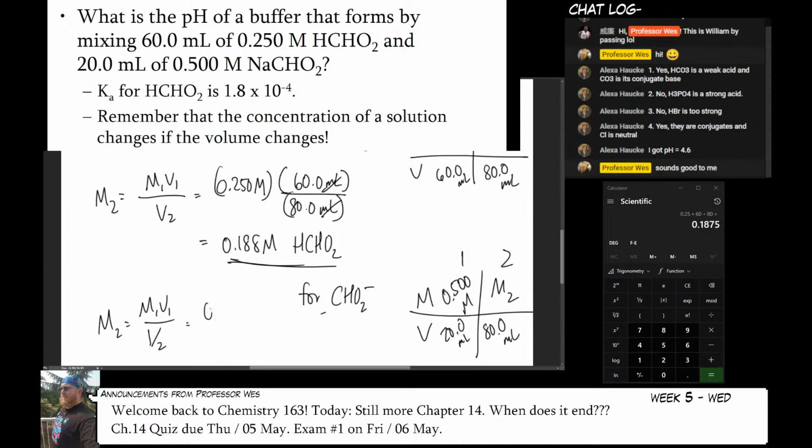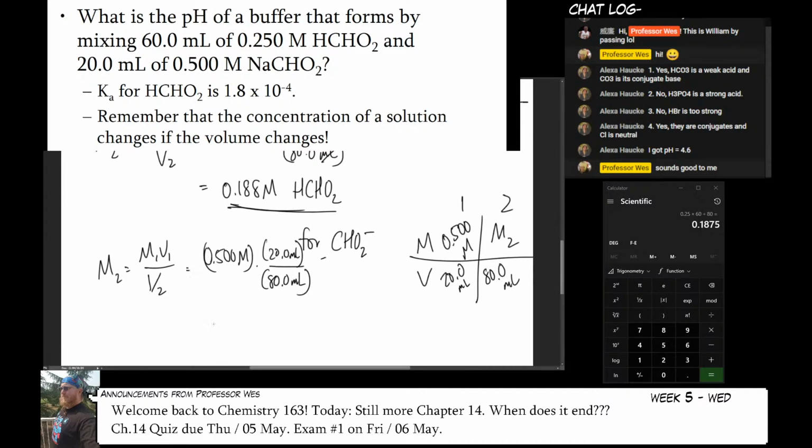And so that'd be 0.5 times 20 mils. I realize I didn't really budget my space here super good. I should double check that. I'm pretty sure that that's right. Times 20 over 80. Yeah, okay. And so that would be my sodium formate solution.